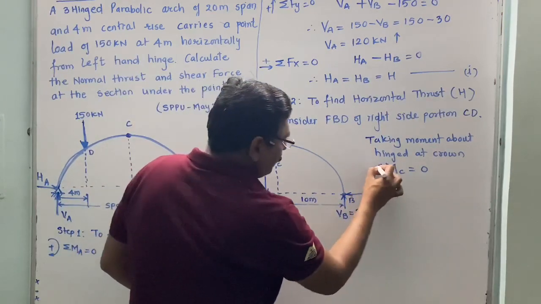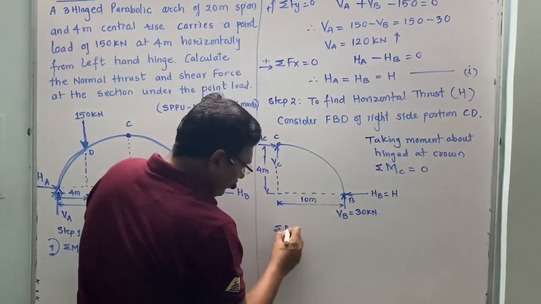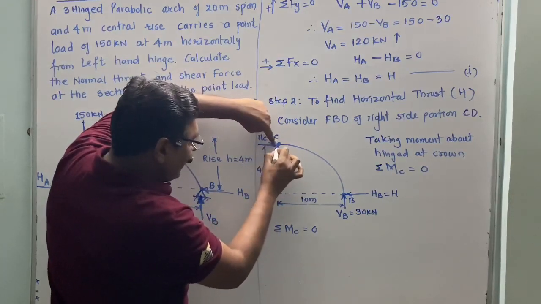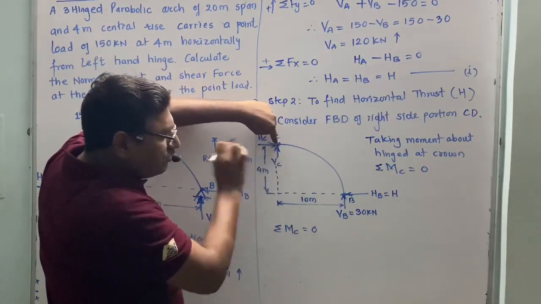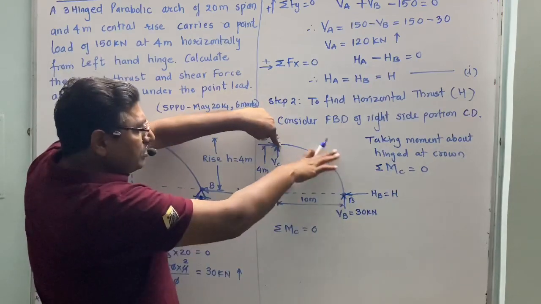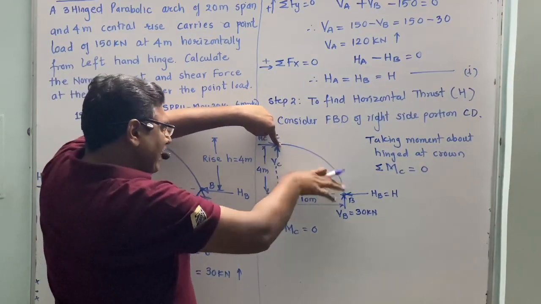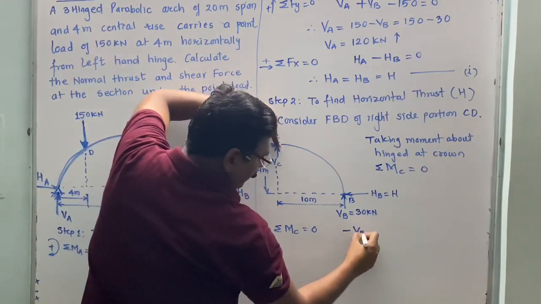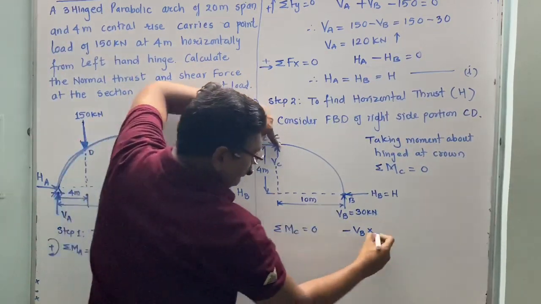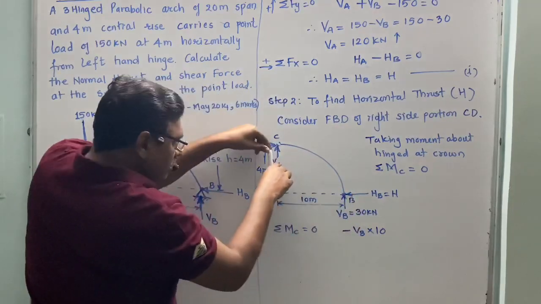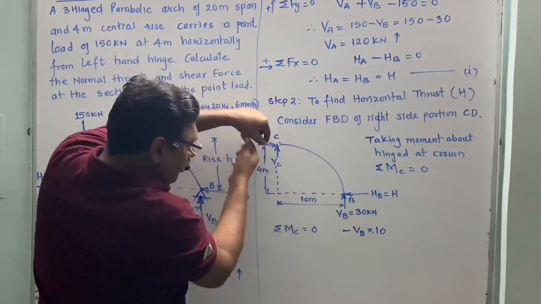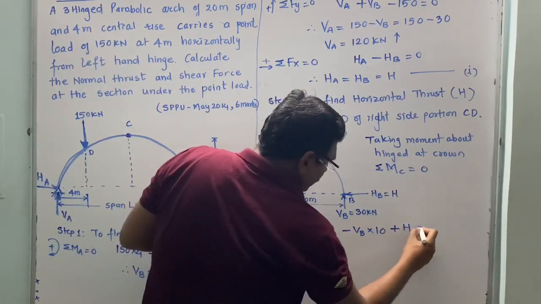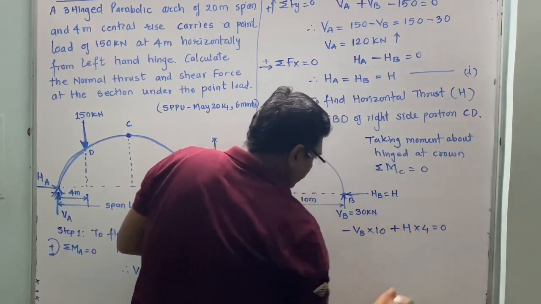The two forces acting at point C have zero moment. VB produces an anti-clockwise moment, so minus VB into perpendicular distance 10, and this horizontal force produces a clockwise moment, so plus H into 4 is equal to 0.